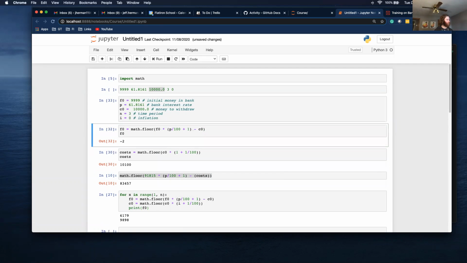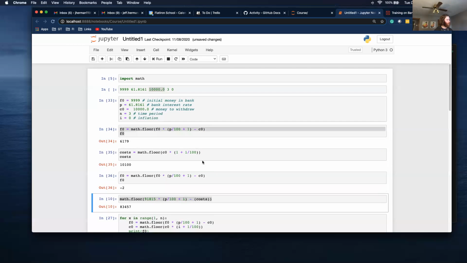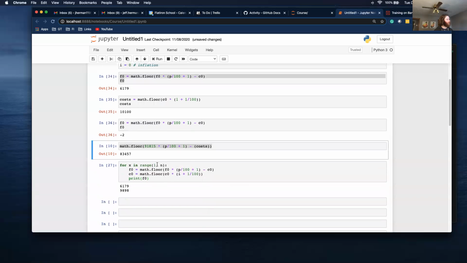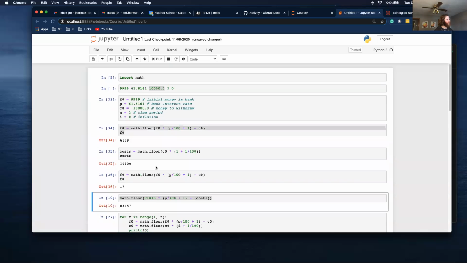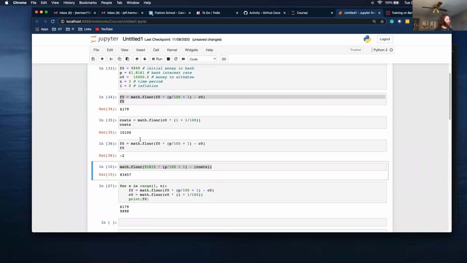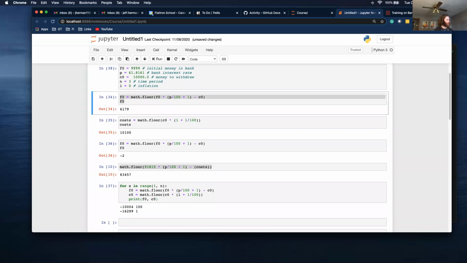Oops. Run it again and see what happens. I am getting different values for some reason. Costs. Rerun everything.